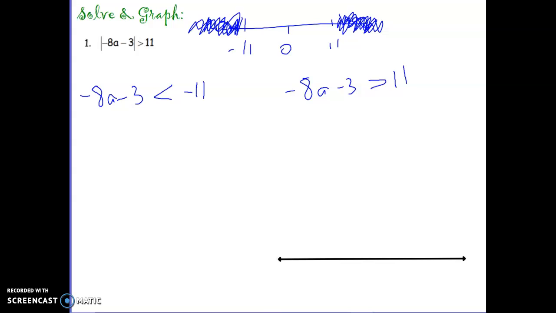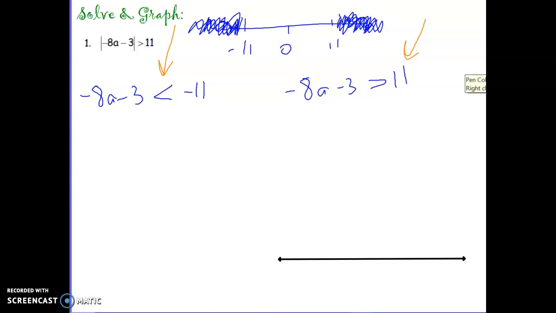When you do the negative part, you have to flip the inequality because I'm graphing on the opposite side of negative 11. I want to be more than 11 units away from 0, which means I need to be further to the left, which means I need to be less than negative 11. The positive one stays just like you think it should. It's just the negative one that flips around.